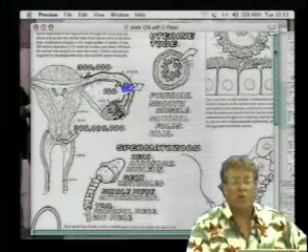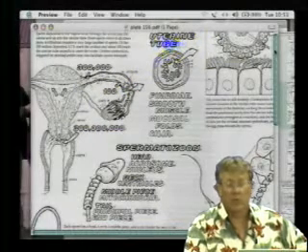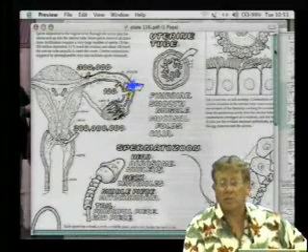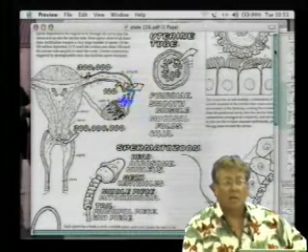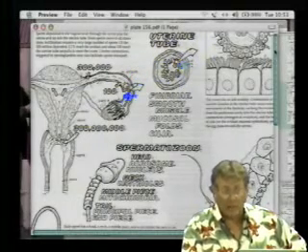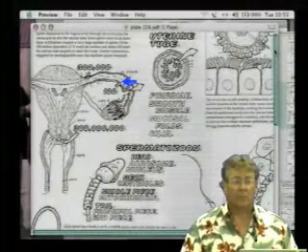This is the fallopian tube, or what in your text is referred to as the uterine tube. It is a long extension out of the uterus that sweeps out into the abdominal cavity. It is a lined tube, so it has cells lining it, but at the very end it's open to the abdominal cavity.